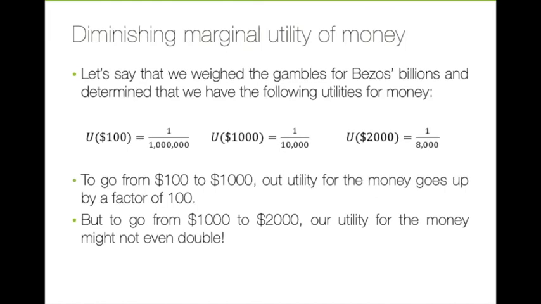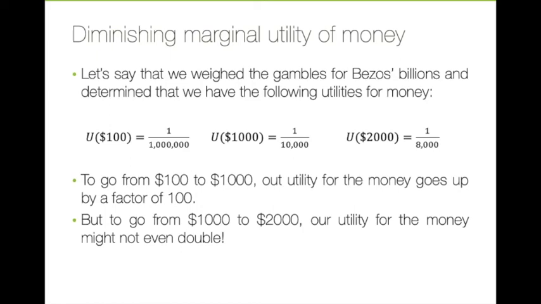So we've weighed the gambles for Bezos' billions versus getting the money for free, and these are the utilities for money we've assigned. $100 has a utility of 1 over a million, $1,000 has a utility of 1 over 1,000, and $2,000 has a utility of 1 over 8,000. Again, to go from $100 to $1,000, our utility for the money went up by a factor of 100.